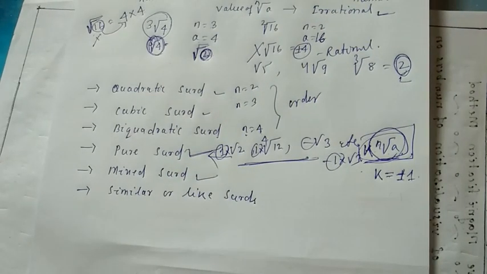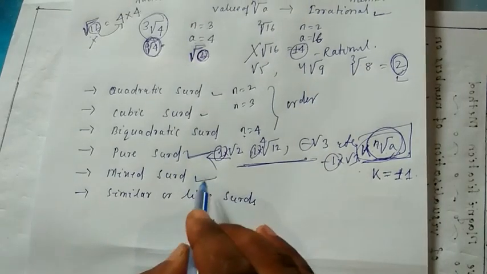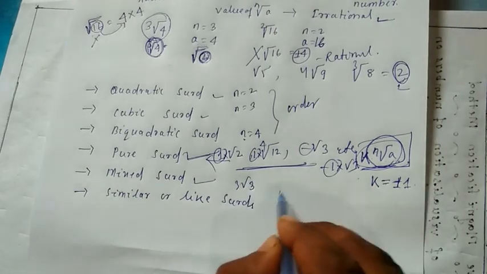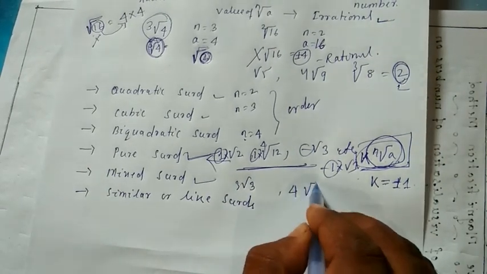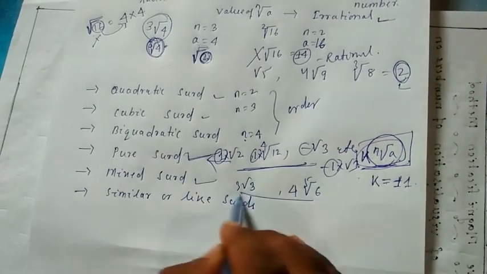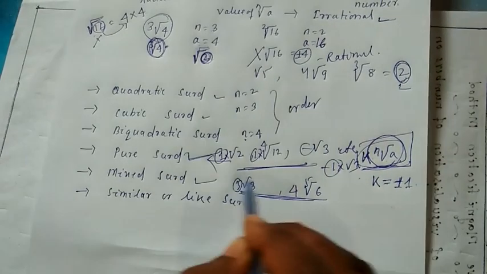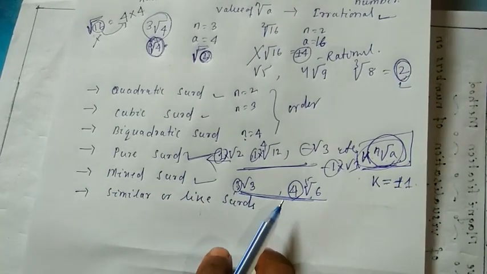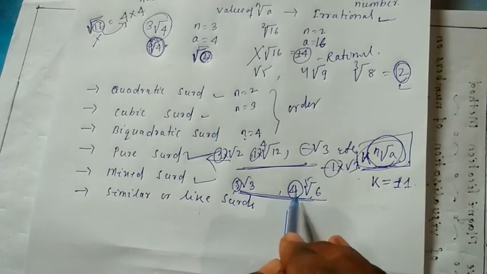Then what is mixed? A surd which has a rational factor other than unit is called a mixed surd. I repeat, a surd which has a rational factor other than unit, other than 1 or other than minus 1, is called a mixed surd. Examples: 3 root 3, or 4 into 5th root of 6. Here the rational factor is 3, here the rational factor is 4.